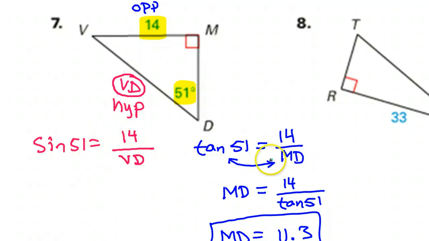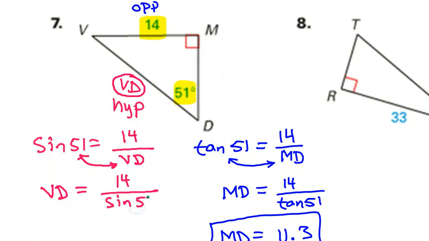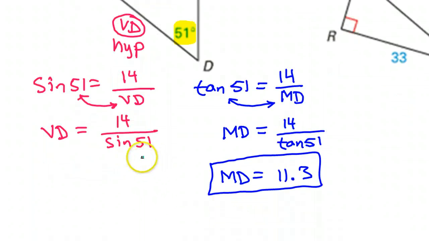Okay, now, this is just like the last problem. Whenever the variable is in the denominator, it would be helpful to reverse these two. So let's do that. So I'll put VD is equal to 14 over sine of 51. All right, you have to show all of these steps, 3 steps. Set it up, swap it out, and then put the answer.